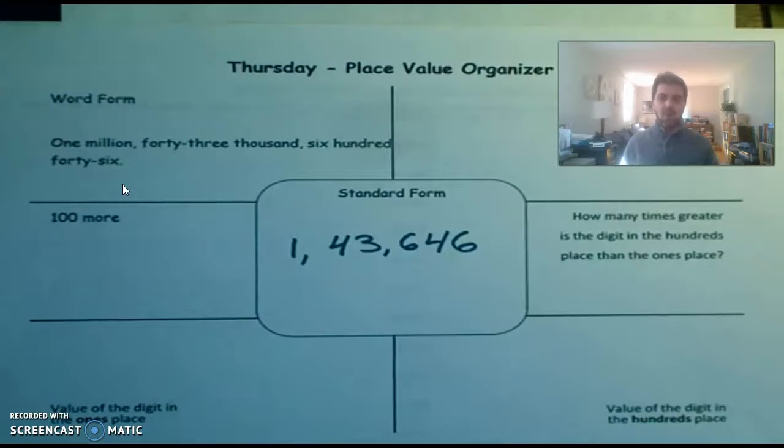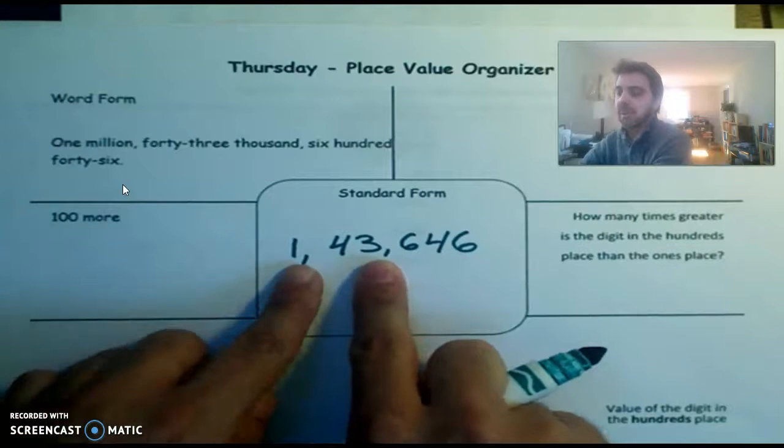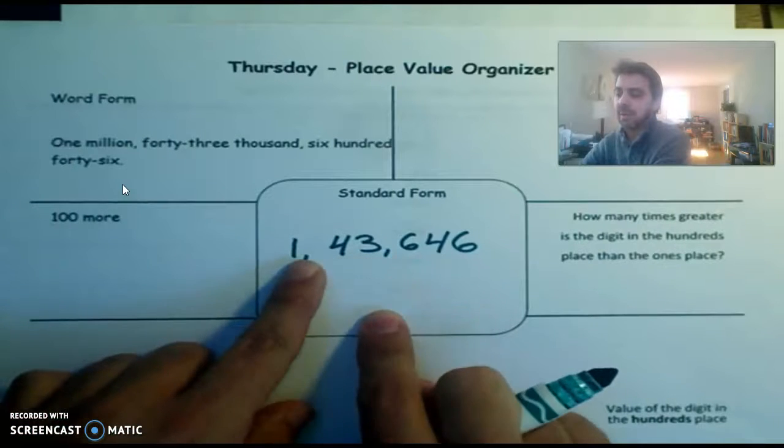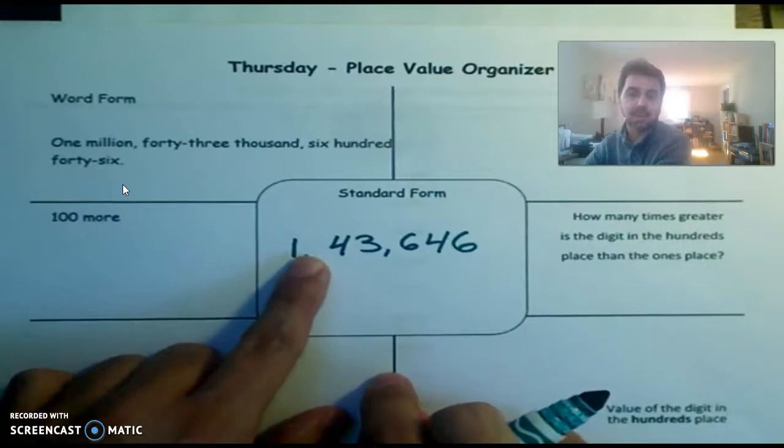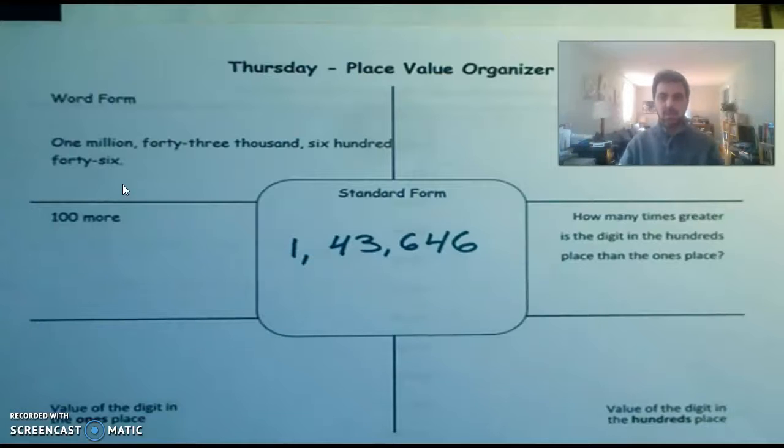There's something wrong with my number, because if you forget about the commas, it really says 143,646, not 1,043,000. So what am I missing, and where should it go?